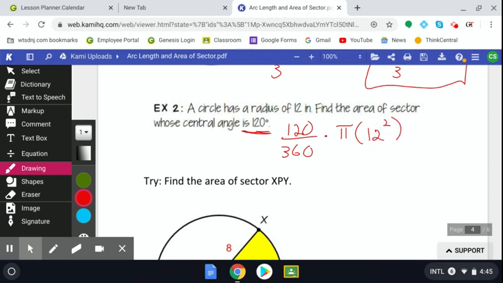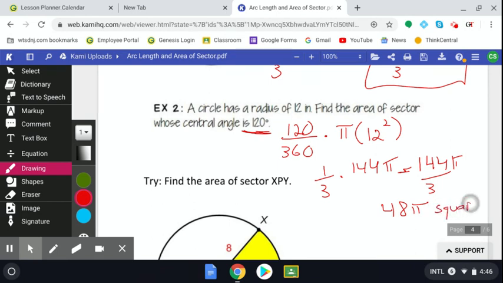This is 1/3, so 1/3 times 12 squared is 144 pi. And this one I can divide. I get 144 pi over 3, which is going to give me an answer of 48 pi. And it should be units squared, so square inches.